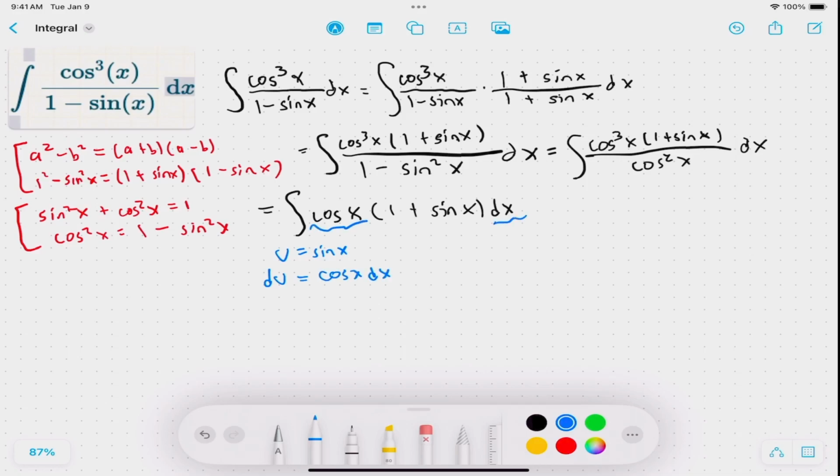And that is what we have right here. So this becomes the integral. Cosine x dx is simply du. 1 stays the same, and sine of x became u. And now this looks a lot easier to solve.